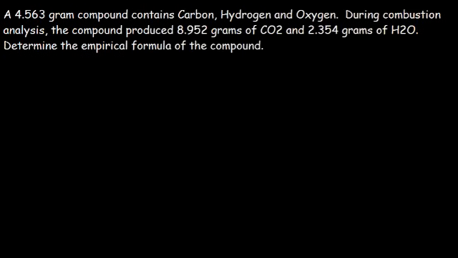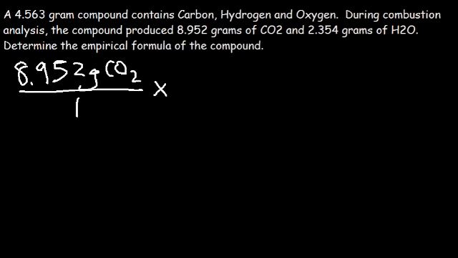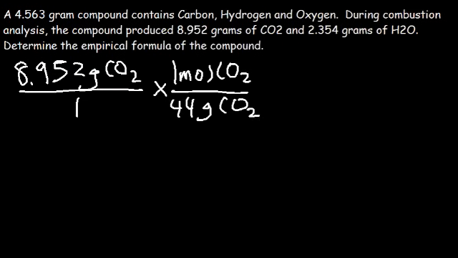So let's start with the 8.952 grams of CO2. Let's convert it to moles. So we know the molar mass of CO2 is 44 grams per mole. So these units cancel. And we know that there's 1 carbon atom in a single molecule of CO2.